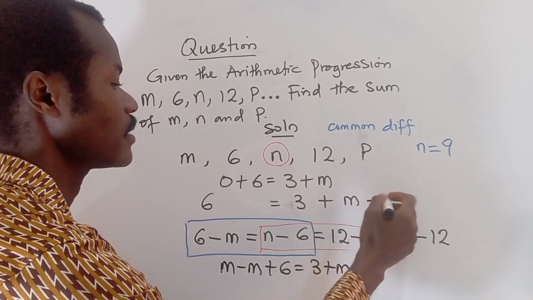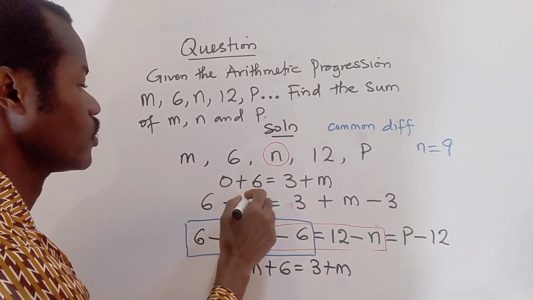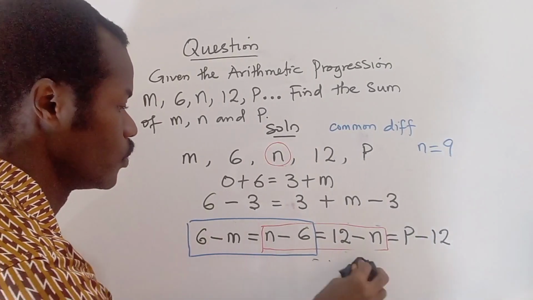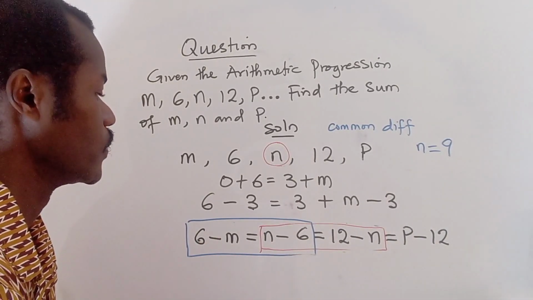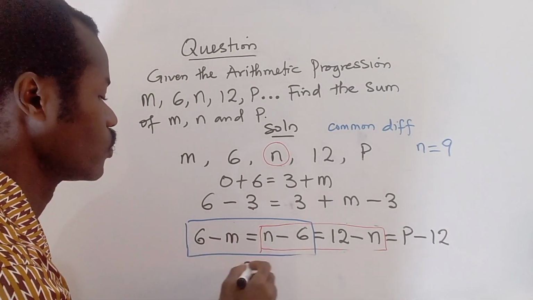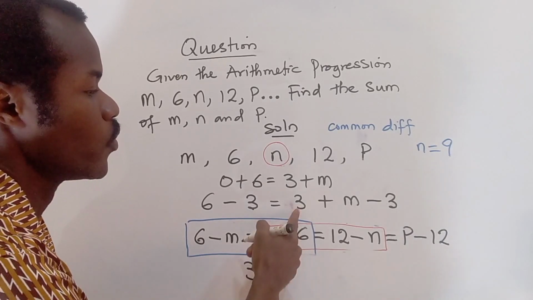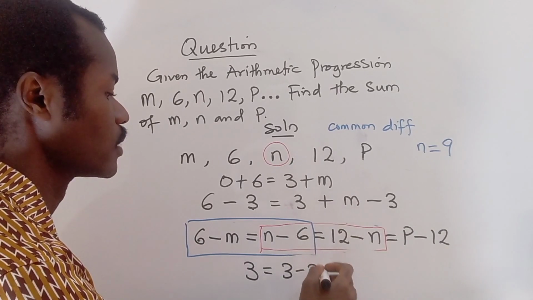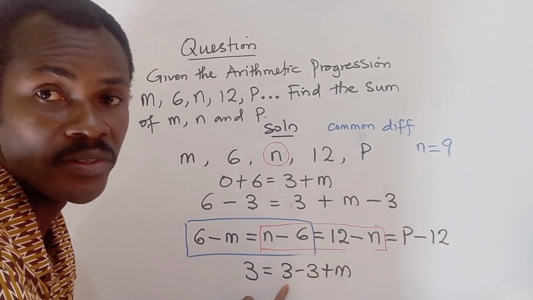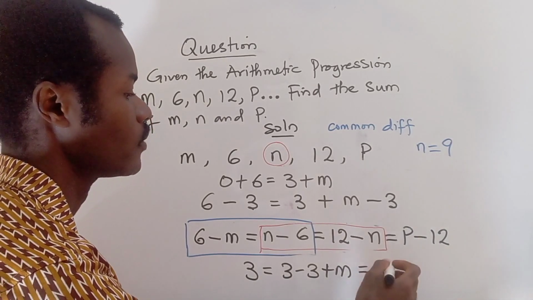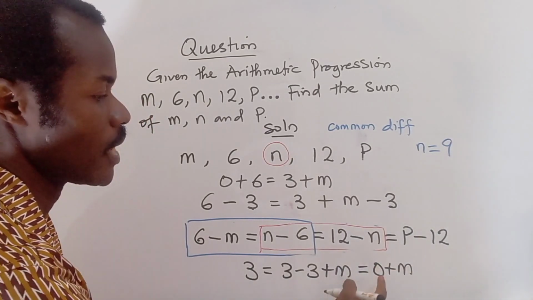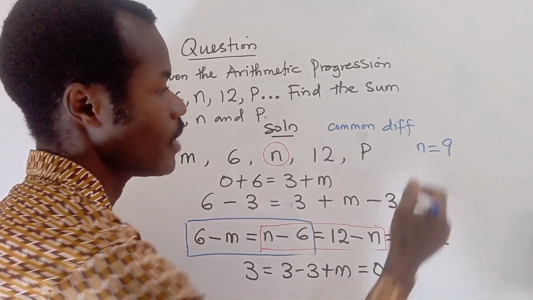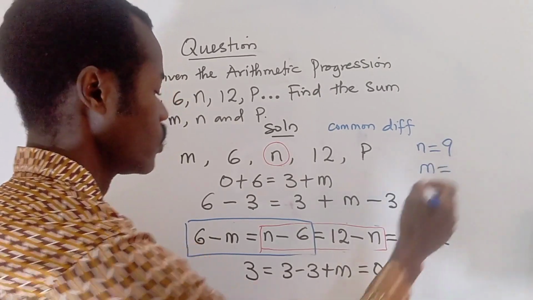Now I'm going to subtract 3 here, and also subtract 3 here. If we do that, we have 6 minus 3, which is 3, equal to 3 minus 3 plus m. Now 3 minus 3 is 0, so we have 0 plus m, which is m. So our m is equal to 3.